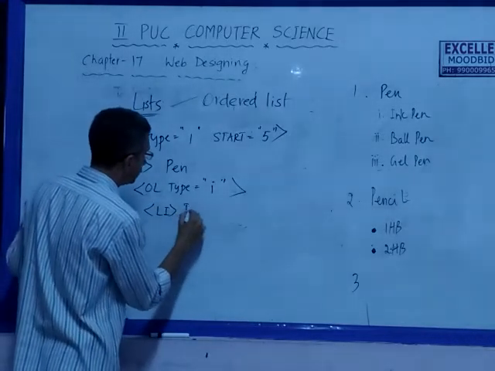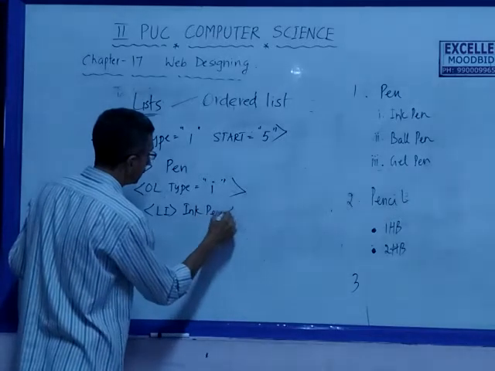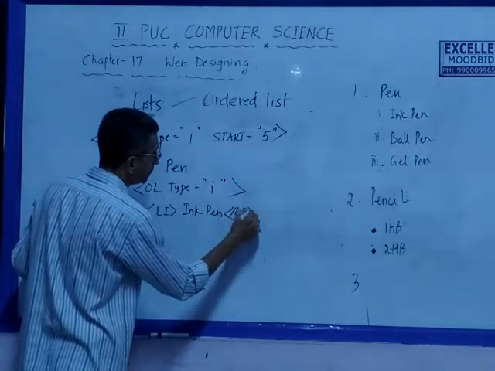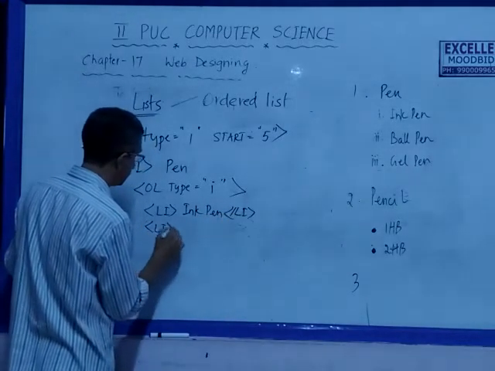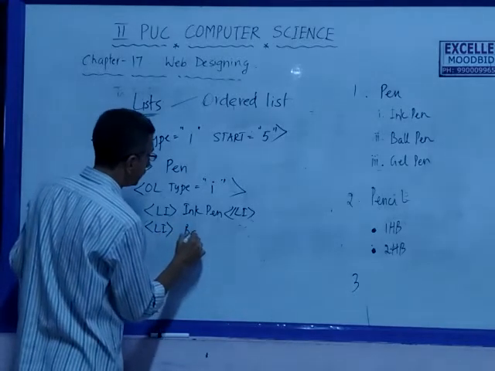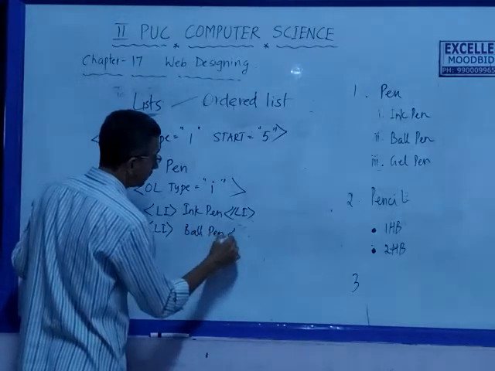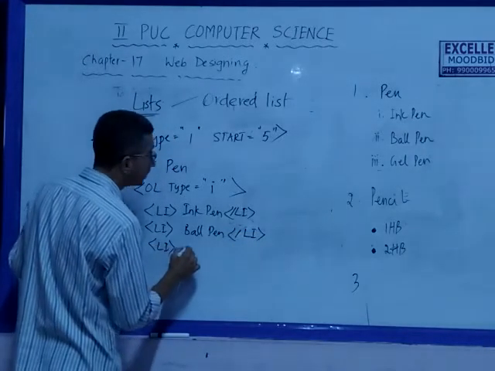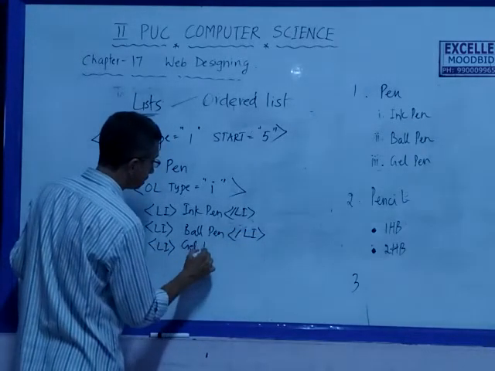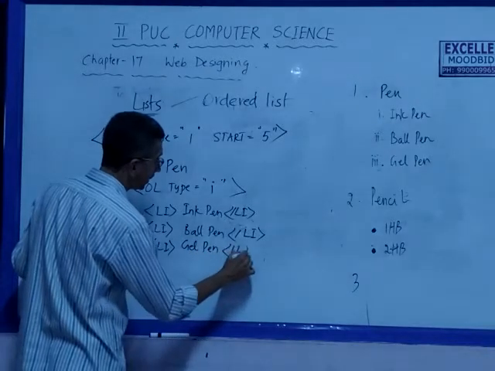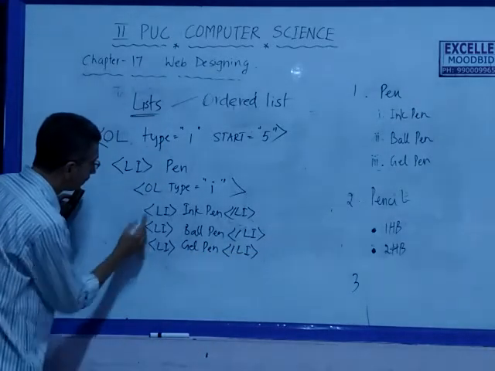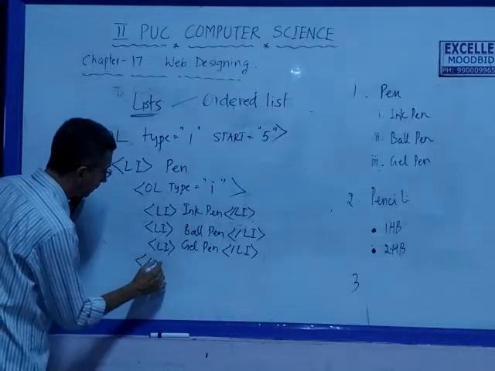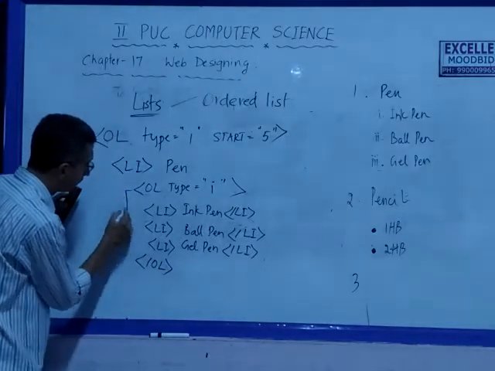Li, it is ink pen. Close li. Li, it is ball pen, close li, and li, gel pen, close li, and closing of this inner OL.